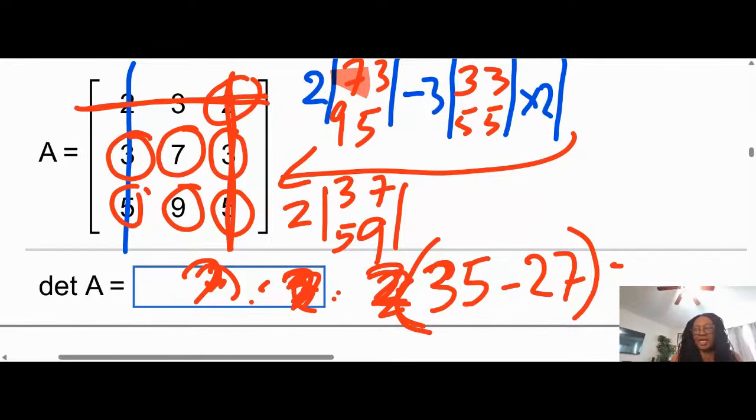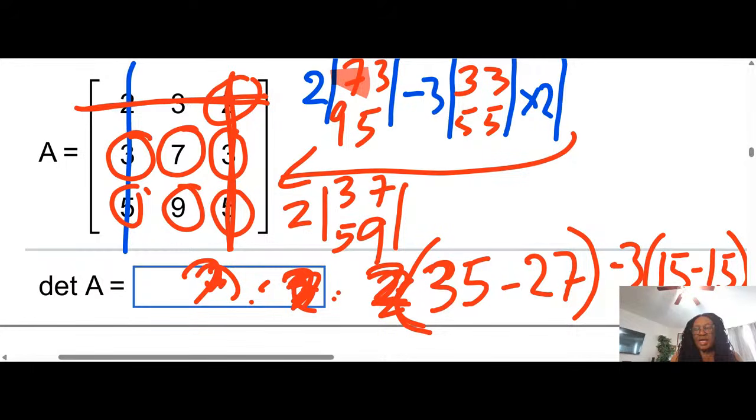So that is minus 3, parentheses, 3 times 5 is 15. And that is 3 times 5 again. So 15 minus 15 will give us 0 here. And then the next one is 3 times 9. There is 2 outside.